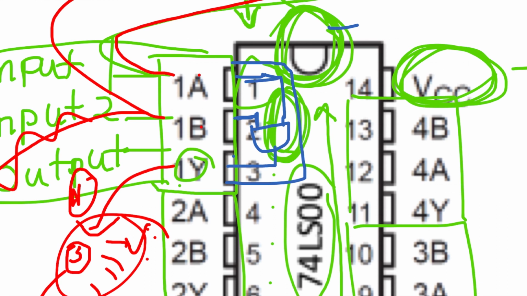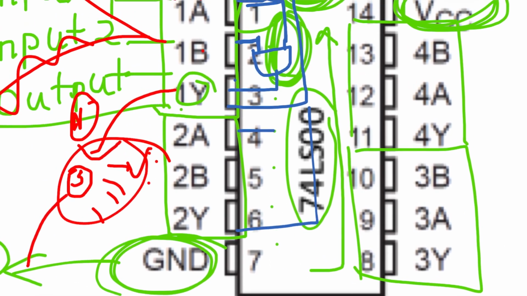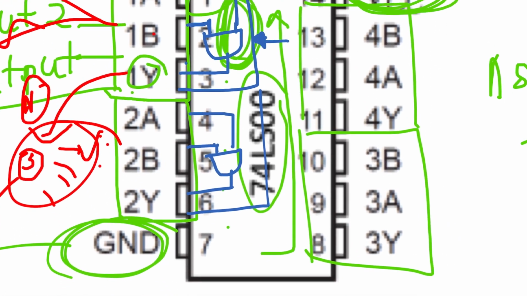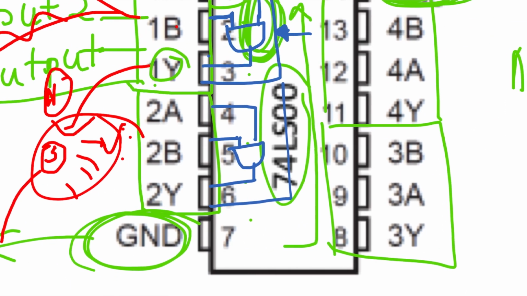There are actually many gates inside each of these components. This is just an assumption, we just assume that this is an AND gate. For the 2A, 2B, and 2Y as well, we can imagine this kind of configuration inside the chip. The same goes for 3 and 4.